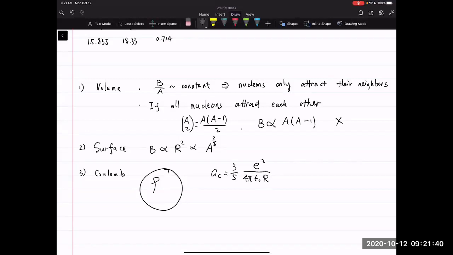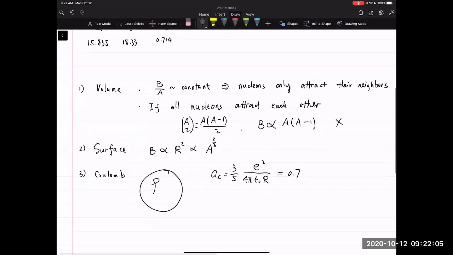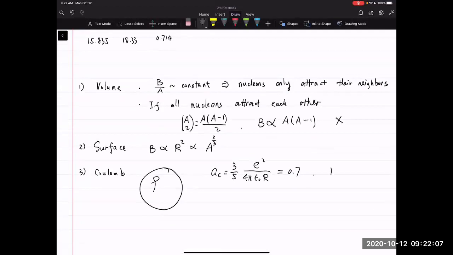R is 1.2 Fermi, and E is the charge of the electron, and epsilon naught is the permittivity of the vacuum. So put all these numbers in, and we see this is exactly 0.79 MeV, very close to the empirical value. Okay, so put R to be 1.2 Fermi.